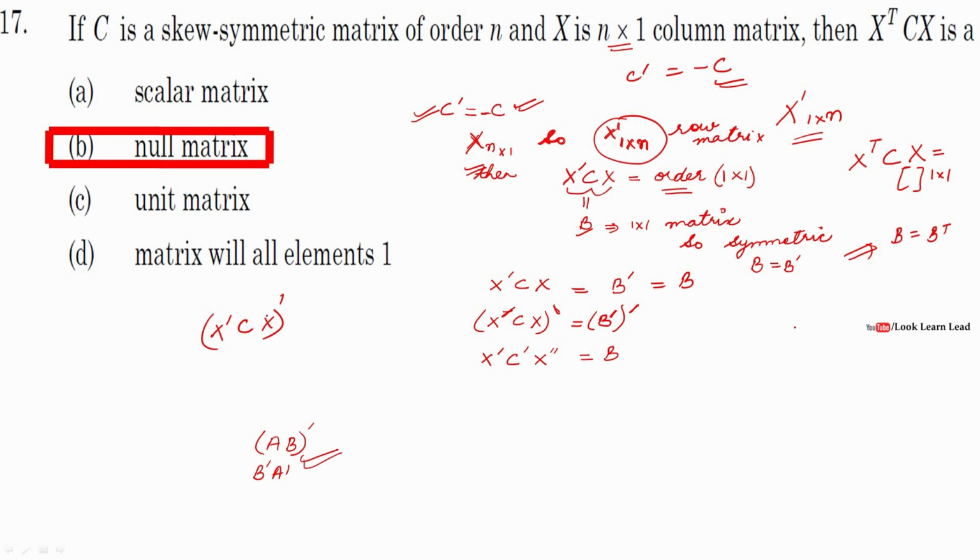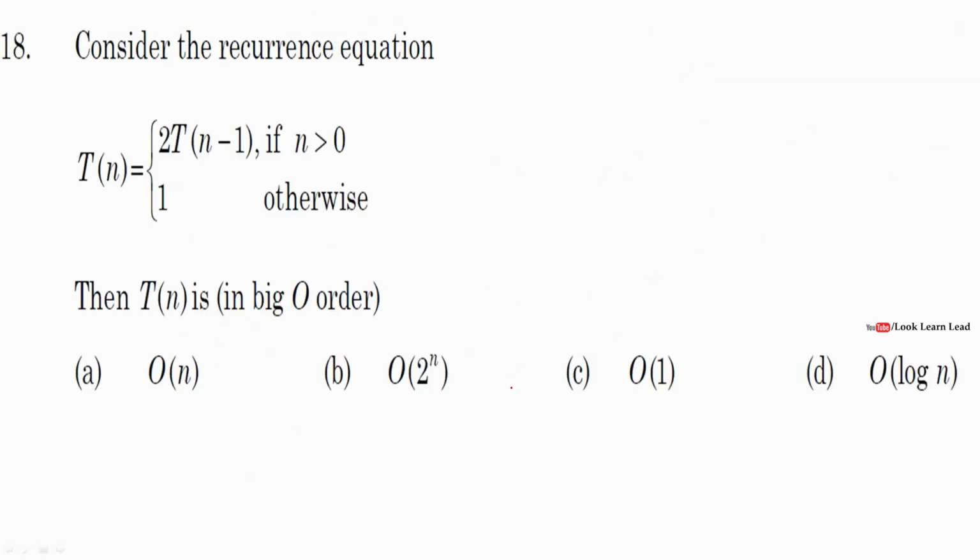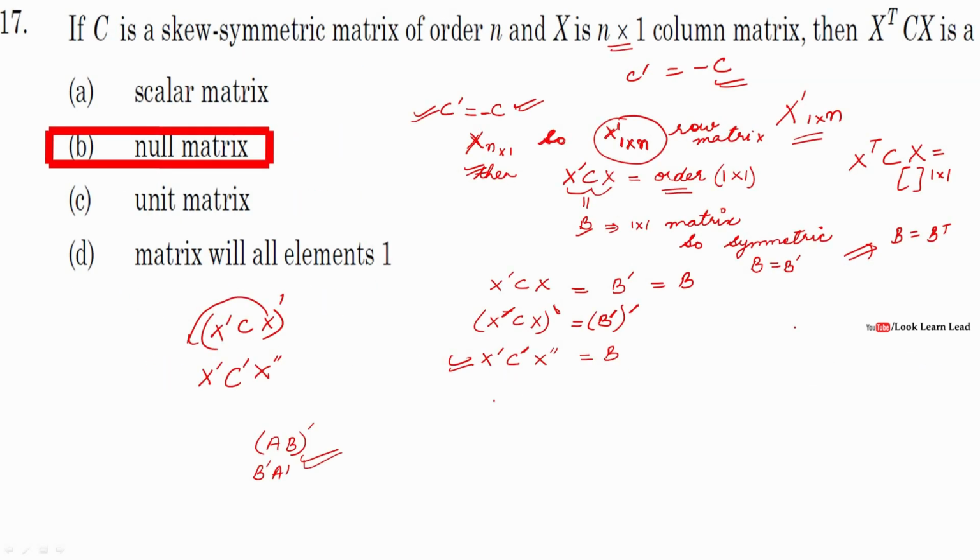First I write X transpose, then C transpose, then X double transpose. So B double transpose is equal to B. Now C transpose is minus C, so I take minus common. It would be minus X transpose C X, which is equal to B.